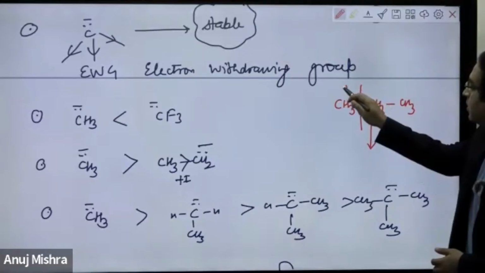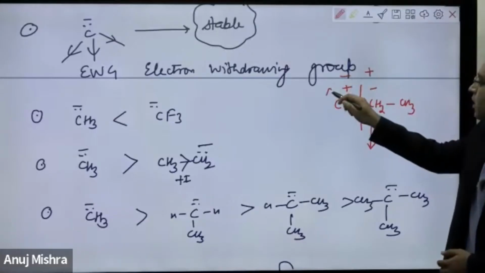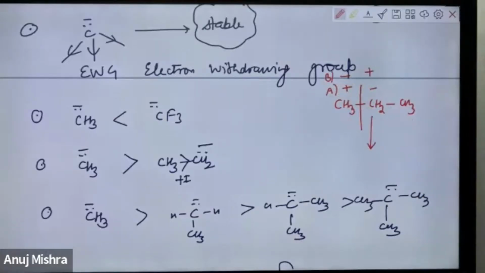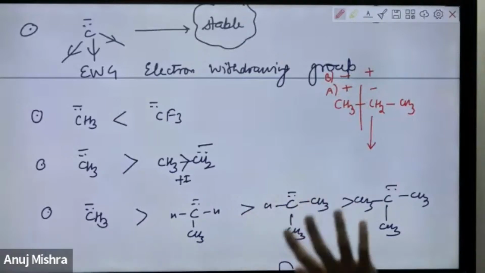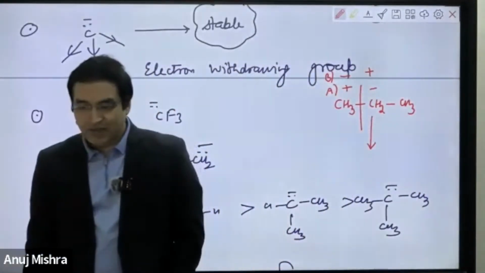Shall I keep plus here, minus here, or shall I keep minus here and plus here? Option A or option B? Think and answer. Don't be in a hurry. A or B? How many say B? Raise your hand. How many say A? Raise your hand.